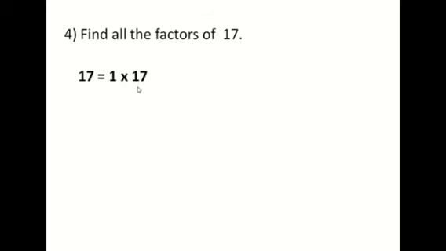So those kind of numbers we call them as prime numbers. Yes. So 17 is a prime number. Through this factorization, you can understand whether the number is a prime number or composite number. Okay. So please write down the answer. Factors of 17 are 1 and 17.